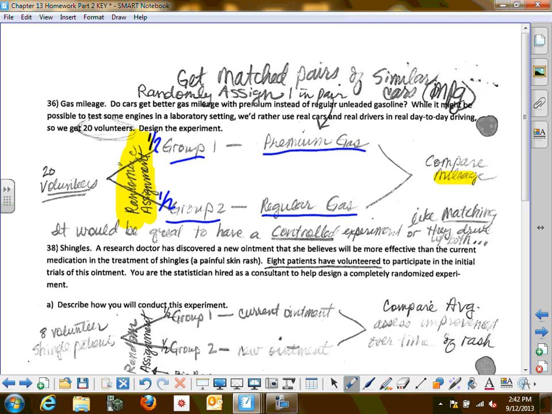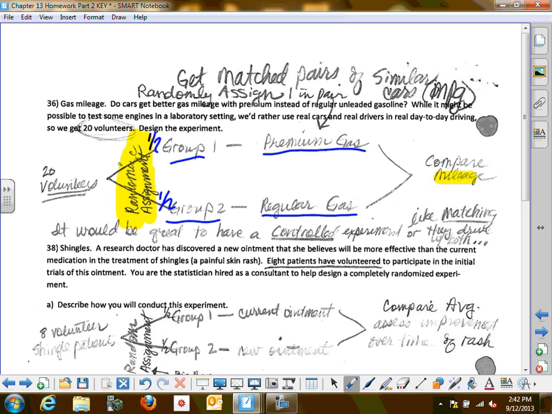And tell me about things that affect miles per gallon. Size of car, age of you, gender of you, how far you go, tire, all these different things. There are way too many variables, so leaving that to randomization is not a good idea.